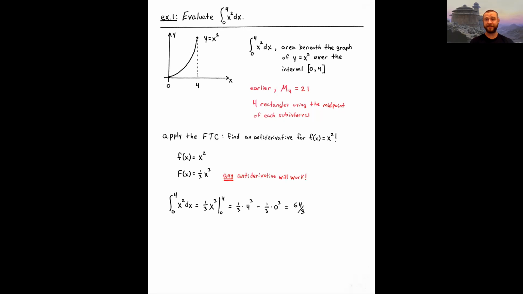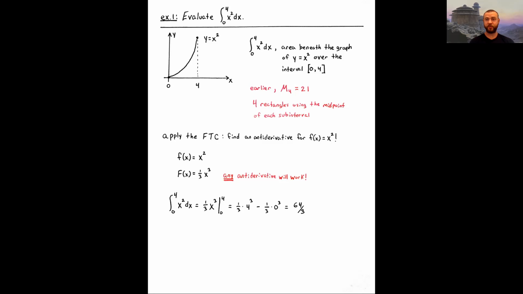If we apply the fundamental theorem to evaluate this definite integral, we plug in to the antiderivative the endpoints 0 and 4. So plug in 4 and then subtract when you plug in 0 to that antiderivative, capital F of x equals 1/3 x cubed. Again, that goes really quick.